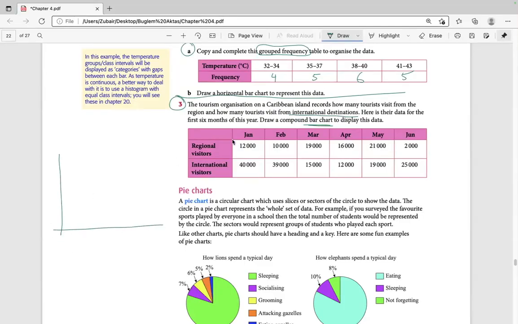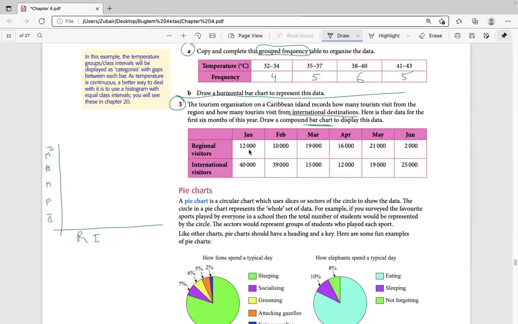And when we draw Jan to June on the y-axis, January, February, March, April, May, and June, this will give me a horizontal bar chart. A vertical bar chart. Regional visitors and international visitors.